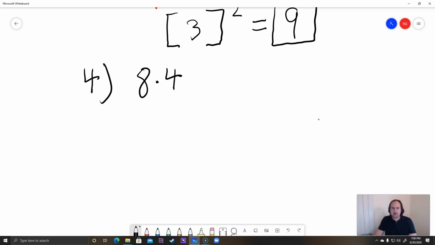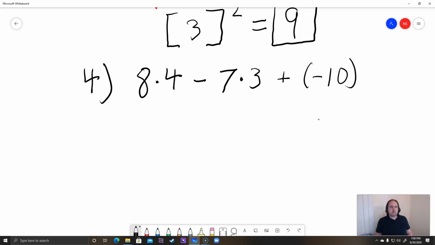Remember that little dot there means multiplication. Minus 7 times 3. Okay, again, that dot means multiplication. Plus, parentheses, negative 10. So we have 8 times 4 minus 7 times 3 plus negative 10.